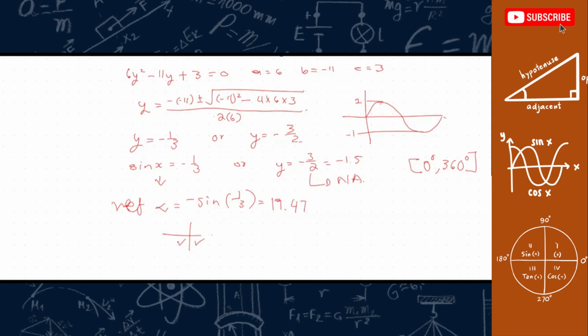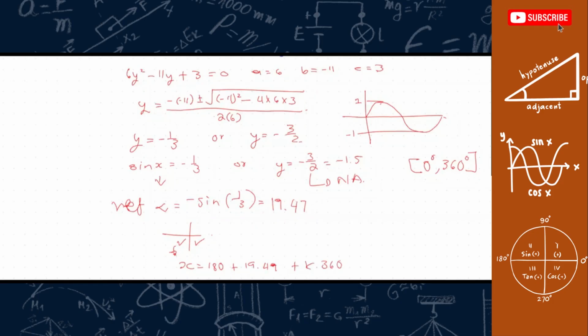So this is a general solution, right? But you have to find the actual solution. So for this quadrant, we have x is equal to 180 plus k360. This is a general solution, right?